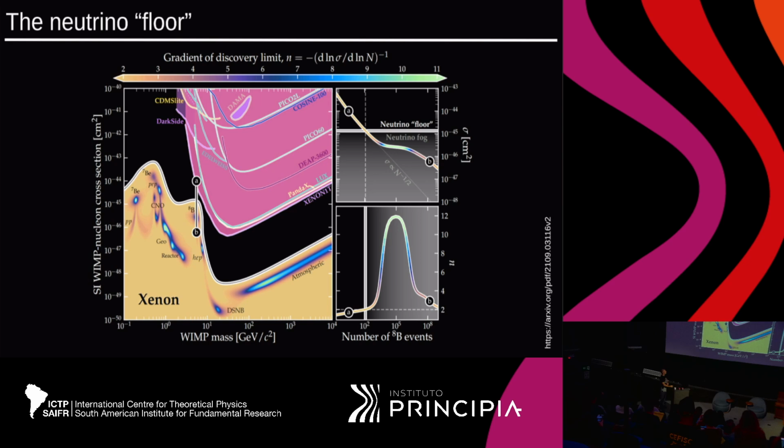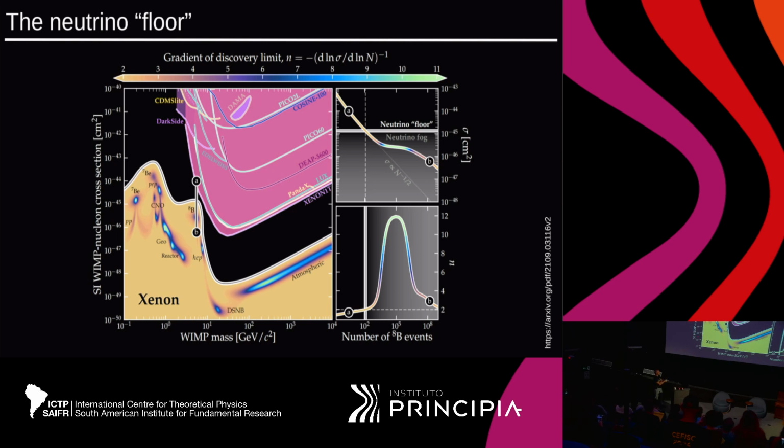Then let's dig a little bit more into this neutrino floor. There are many different sources for the neutrinos that are coming into your detector. And in this plot, we have the WIMP mass on the x-axis and the cross-section with the nucleon on the y-axis.